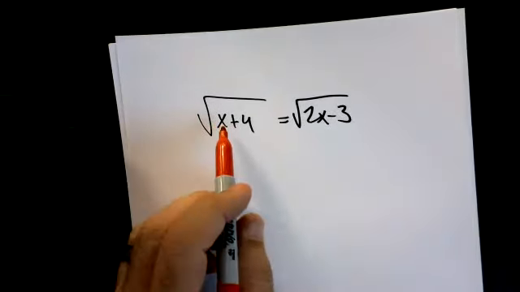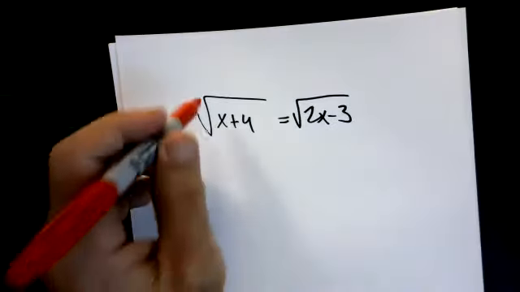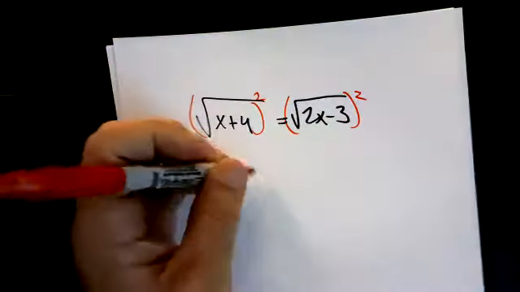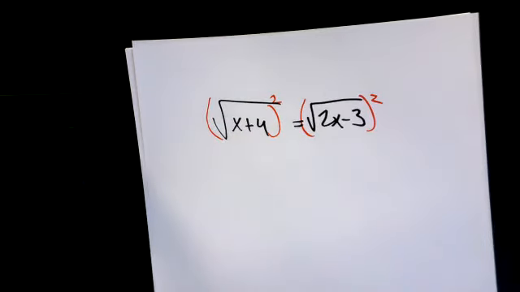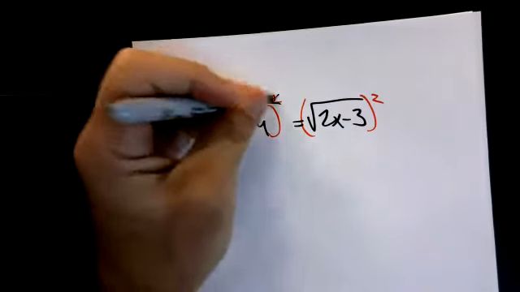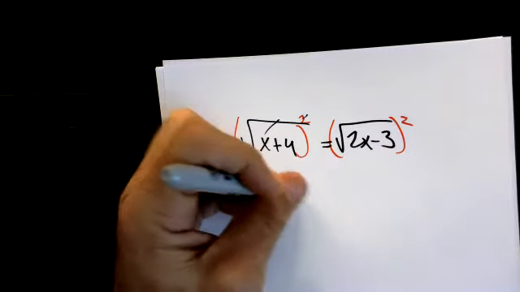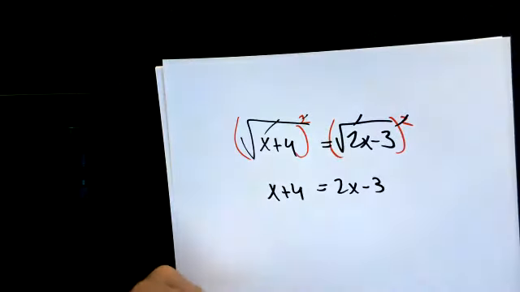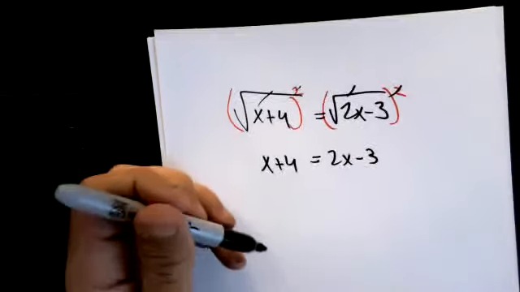Typically we want to isolate the radical. Now we've got two of them isolated. To get rid of the square roots, we still square. That still conveniently cancels those out. So I get x plus 4 equals 2x minus 3.